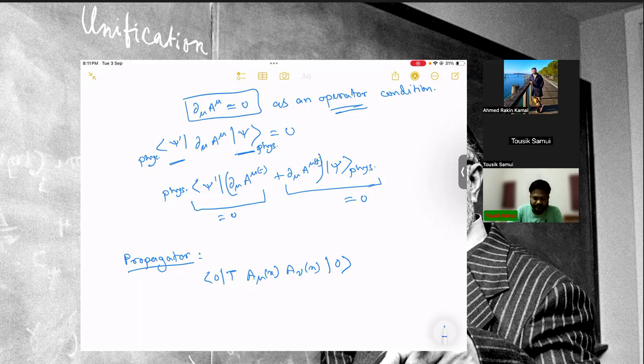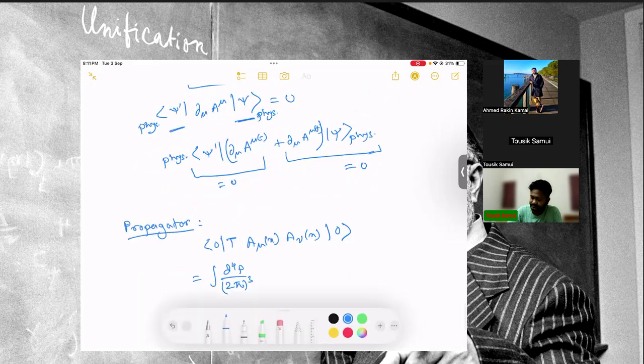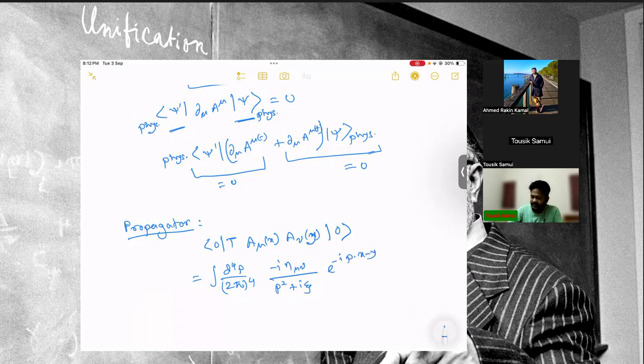It will be essentially d4p over 2 pi whole to the power 4, minus i eta mu nu over p squared plus i epsilon. So this is not the same epsilon that the polarization represents; let's write it as xi, and e to the power minus i p dot x minus y. And I leave this as an exercise.